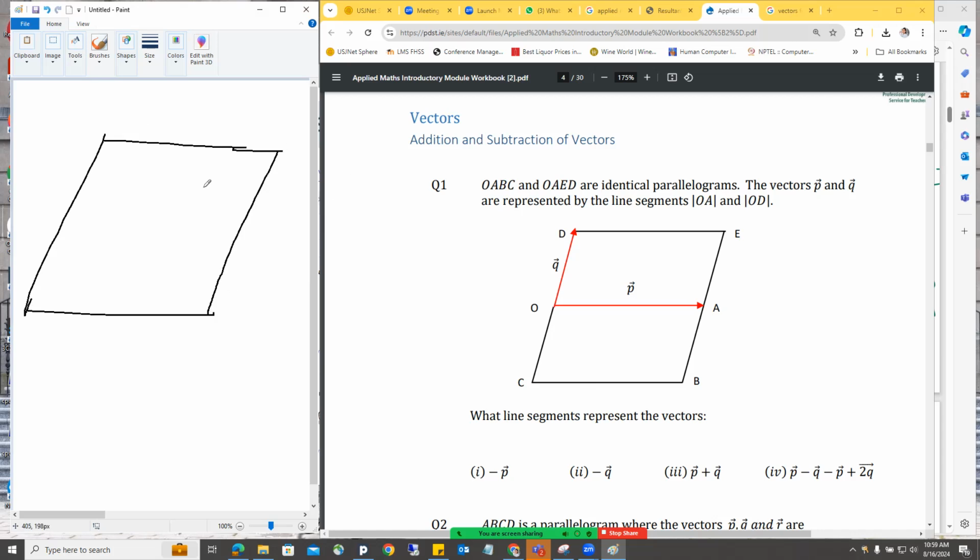In the middle we have OA. The OAED parallelogram will be here, and the OABC parallelogram will be here.